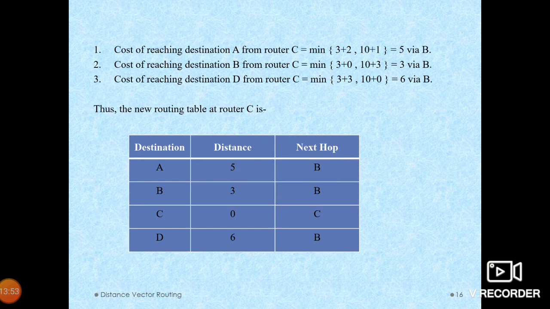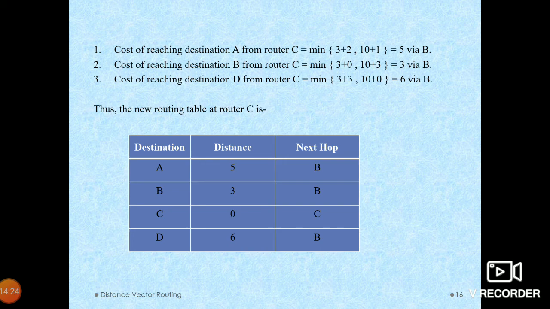So the cost of reaching destination A from router C is the minimum of 3 plus 2, 10 plus 1. So 5 is the minimum we can reach through B, and the cost of reaching destination B from router C is the minimum of 3 plus 0, 10 plus 3.